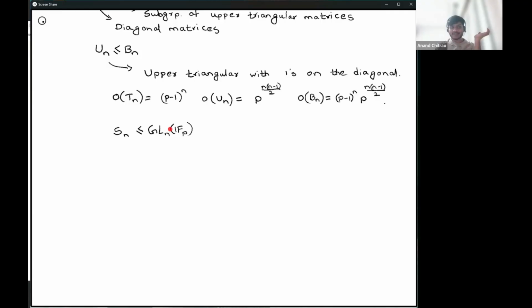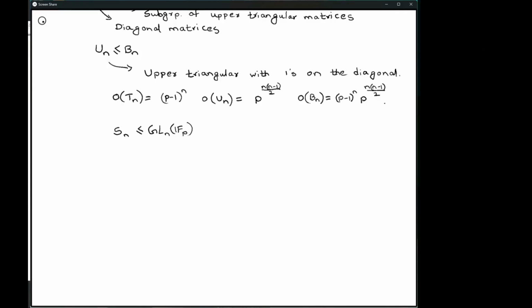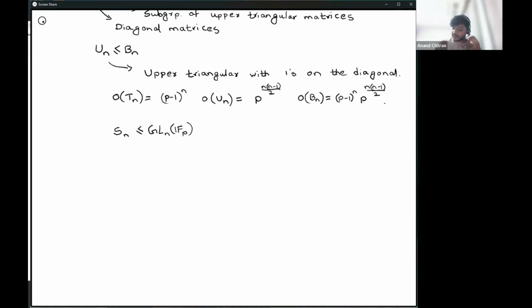So what's the answer? You need n by n matrices. So you use permutation matrices, right?